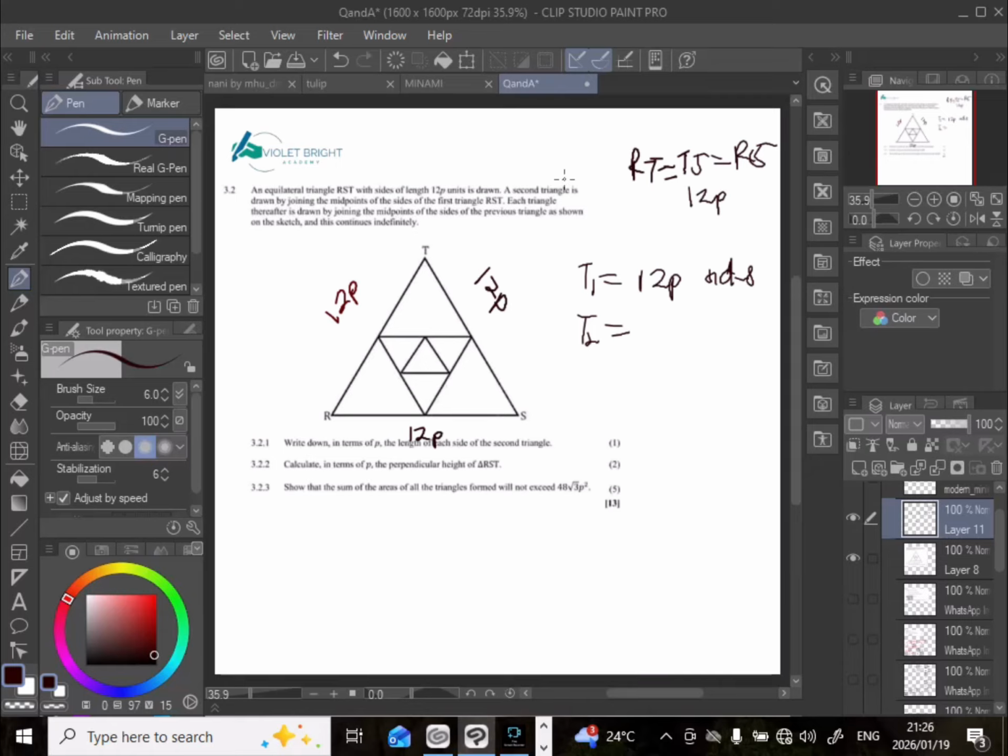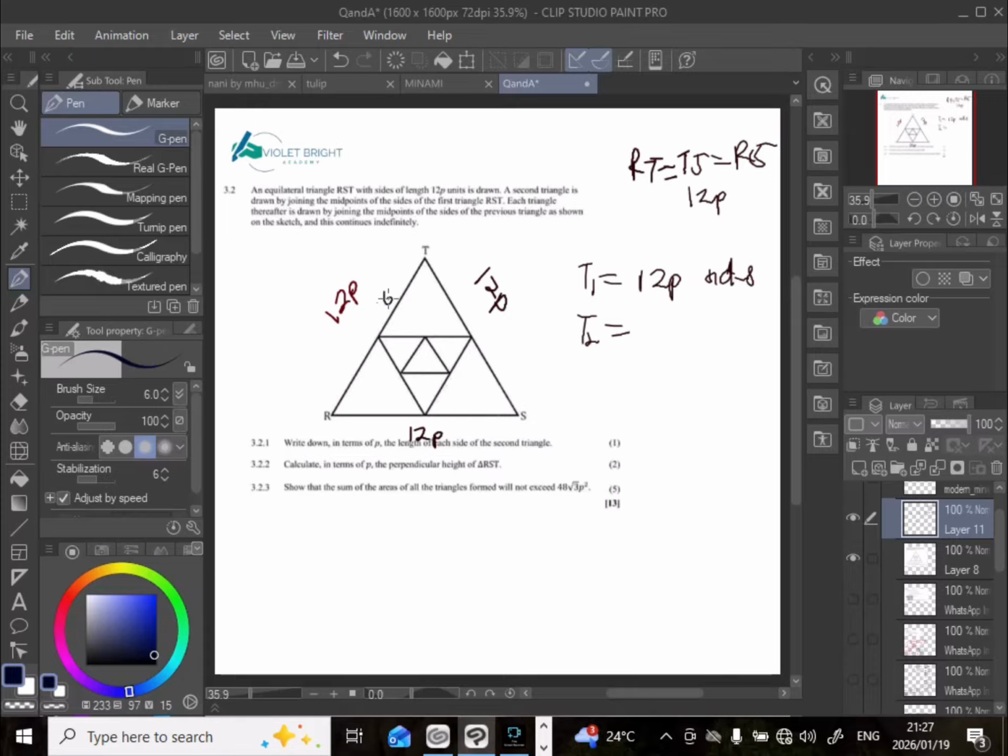Now remember, let's recap. If we have a midpoint, what happens? Midpoints cut a particular line into two equal lengths.